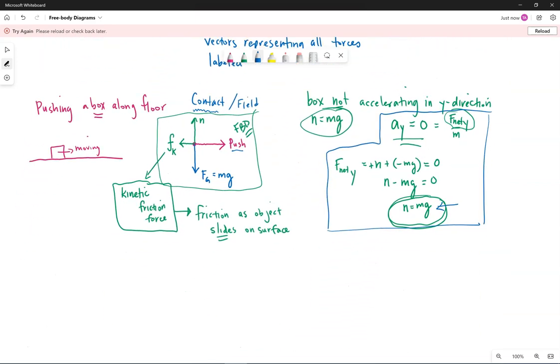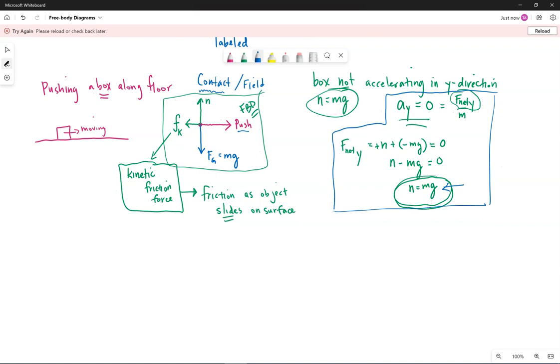Now, in the second situation, the box is moving to the right. Going off my free body diagram, for the x direction specifically, I'm going to call the push just P. I have drawn this pushing force to the right bigger than the friction to the left.